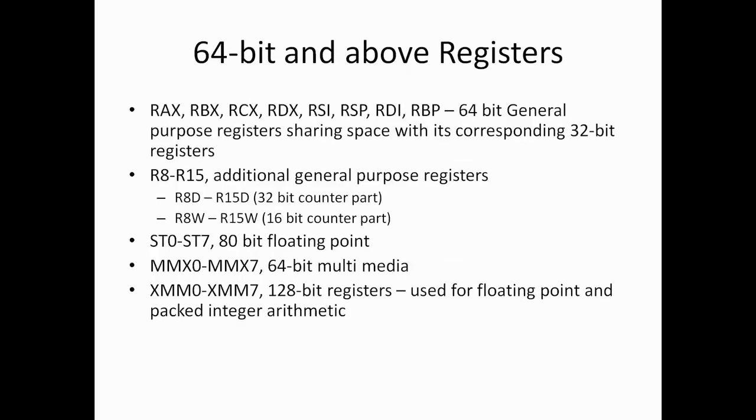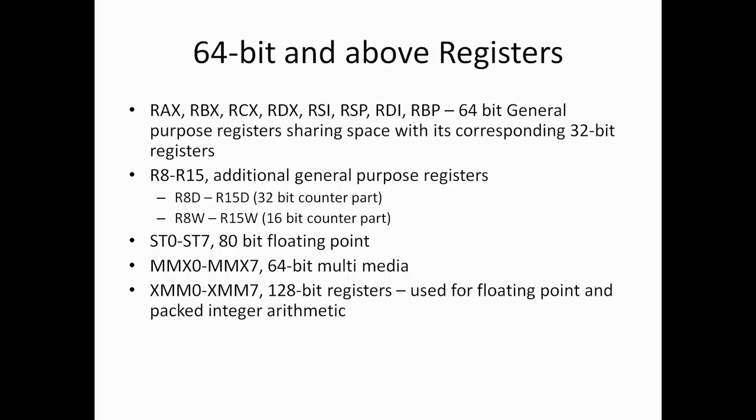Now this 32-bit architecture has become 64-bit and above. So RAX, RBX, RCX, RDX, RSI, RSP, RDI, RBP are all the 64-bit general purpose registers sharing space with their corresponding 32-bit registers.